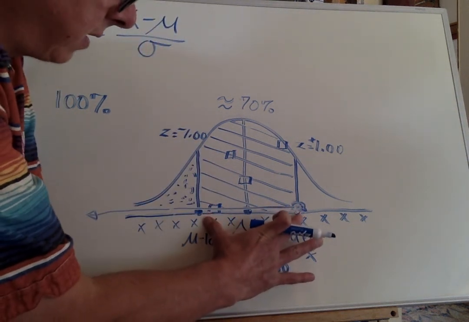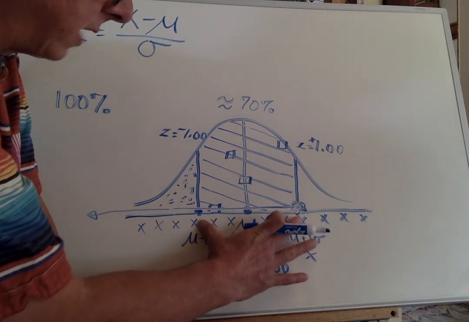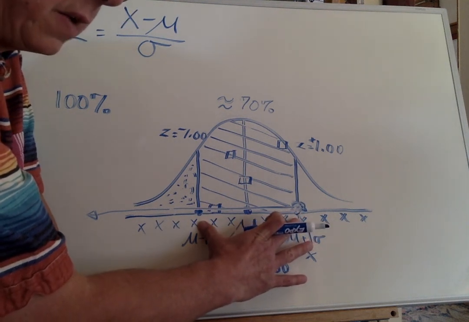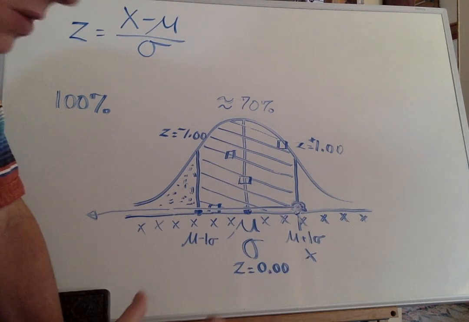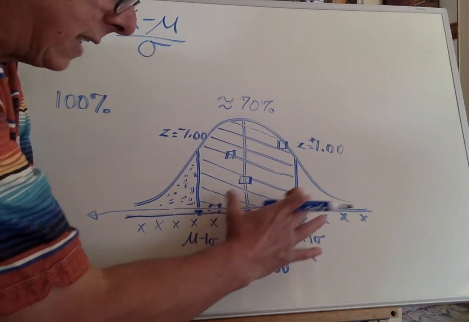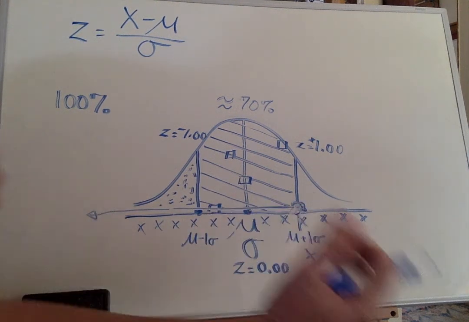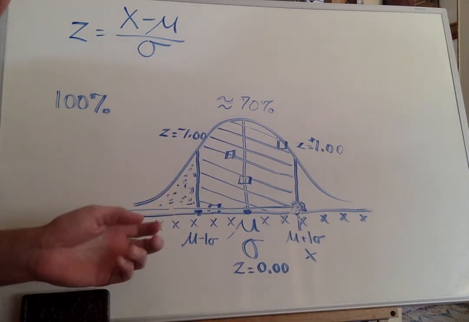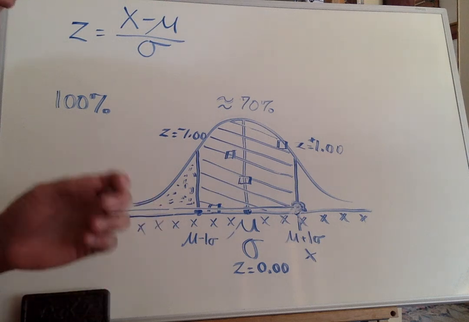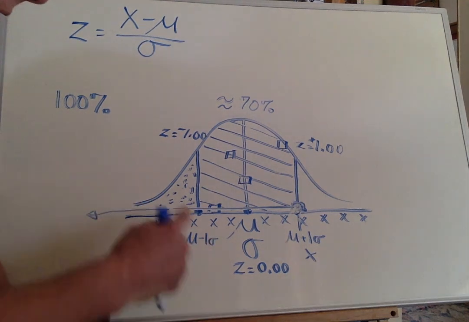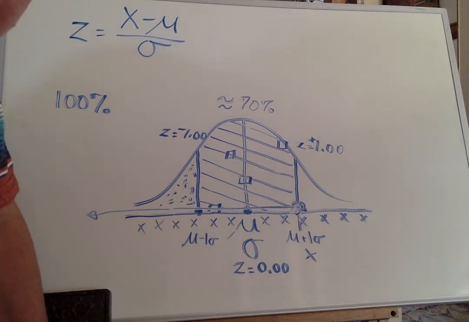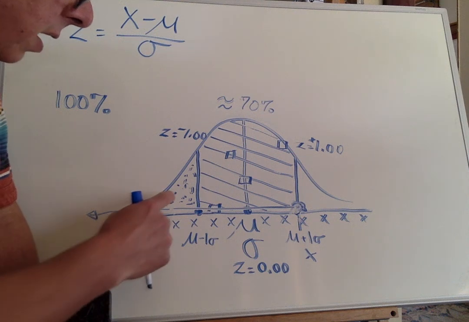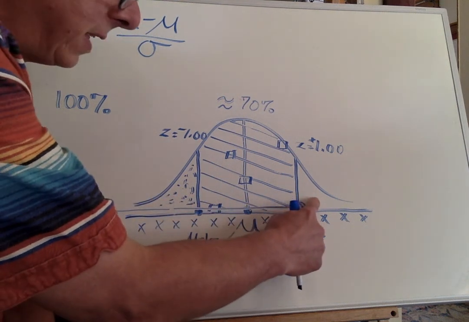If 70% of the population is within a standard deviation, then what percentage of the population is beyond that? If 70% is here, then that leaves 30% beyond one standard deviation, above and below. But that 30% includes this tail and this tail. They are both symmetrical. So it is 15% here, 15% here.